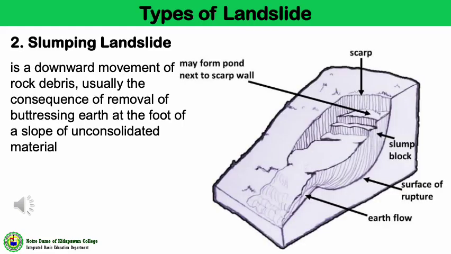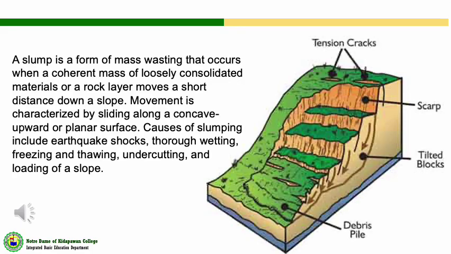The second type of landslide is called the slumping landslide. It is a downward movement of rock debris, usually the consequence of removal of buttressing earth at the foot of a slope of unconsolidated material. But what do we mean by slumping?